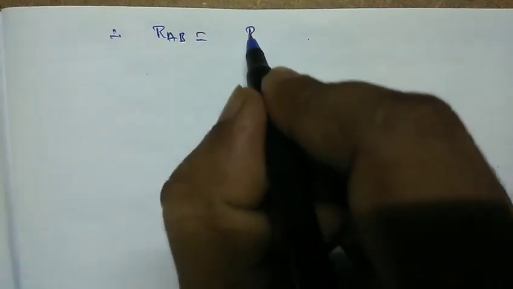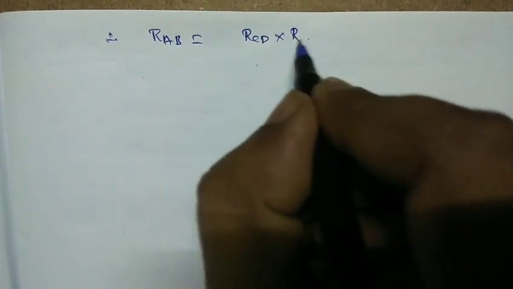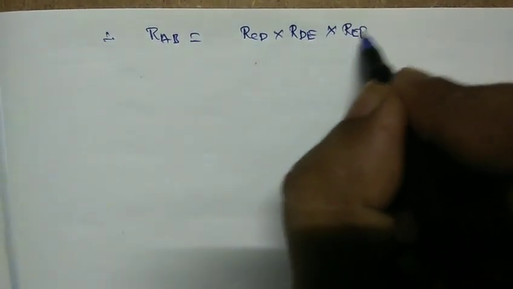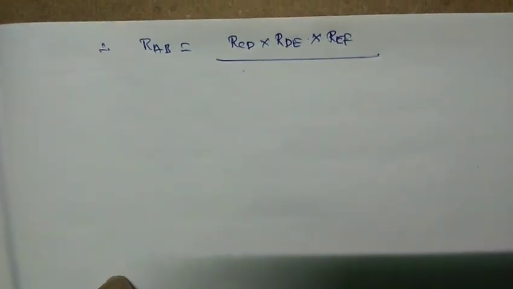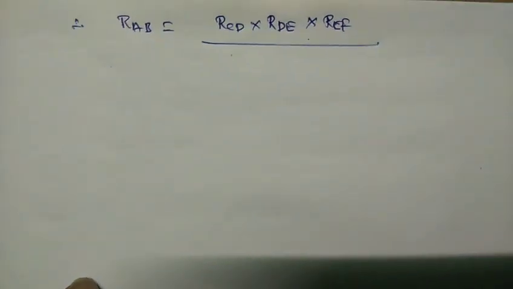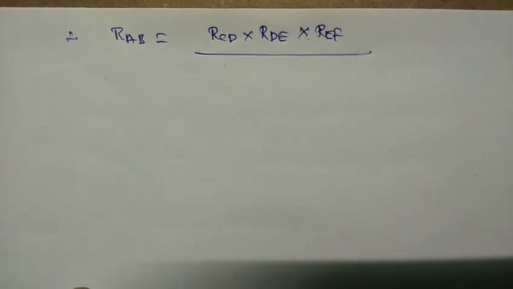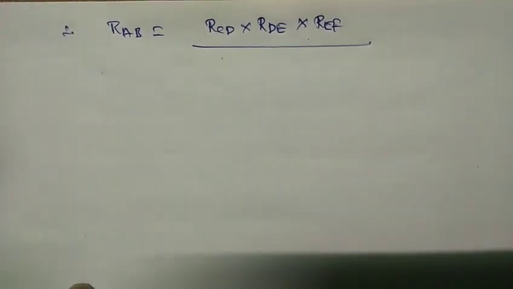Therefore RAB is equal to RCD into RDE into REF by, if there are three resistances, what is the formula for parallel? So R1 into R2 into R3 by R1 R2 plus R2 R3 plus R3 R1.